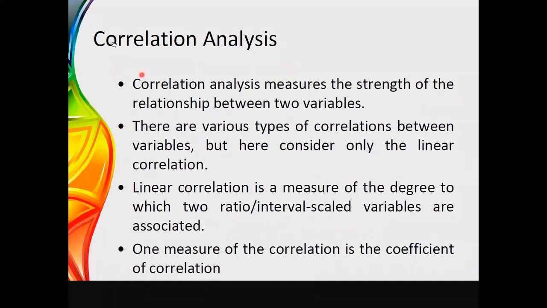Even though there are several types of relationships, here we apply it only for the identification of linear relationships. We are not going to identify anything for non-linear relationships. Only for linear relationships do we define this correlation analysis, and we apply it only to interval or ratio scale variables, not to nominal or ordinal scale data.